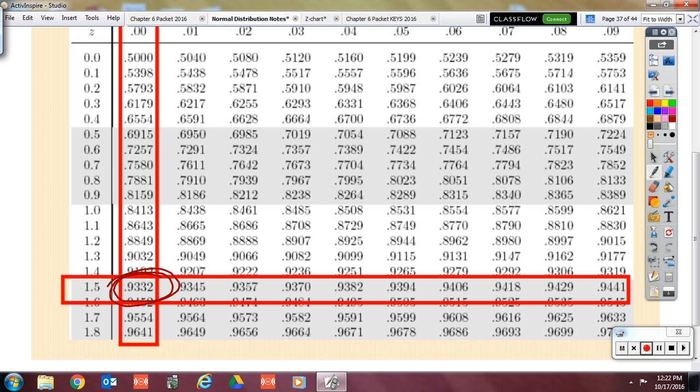That means he's in the 93rd percentile. So in context of this problem, having to do with salaries, think about what that means. Think about that in your head. I'm going to have you tell your neighbor what it means in a second.